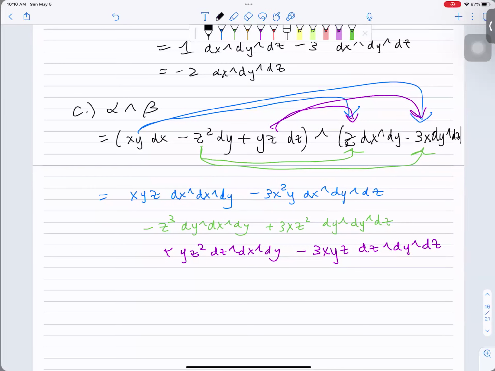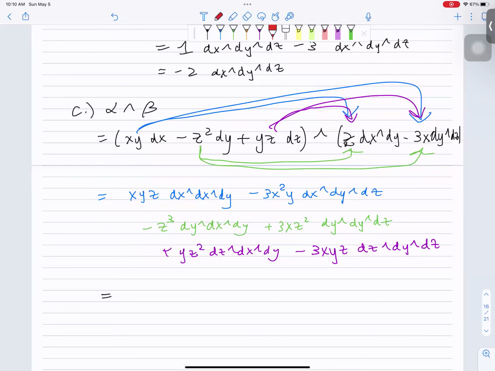All right, and now a bunch of terms simplify. What simplifies? If you have two variables that are the same in your wedge, it becomes 0. So this becomes 0, this becomes 0, this becomes 0. Anything else? Yeah, this also becomes 0. So we're only left with two terms, this term and this term. So I have the negative 3x squared y dx wedge dy wedge dz.